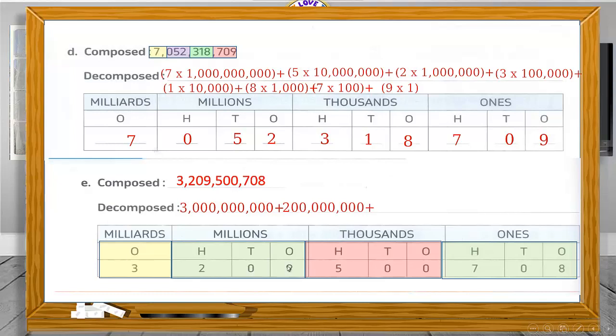Next, 9 million, write here 9 million. 500,000, nothing in 10,000, nothing in 1,000, so go to the next period. 700, write 700. Tens place, nothing, and write 8 at the end.